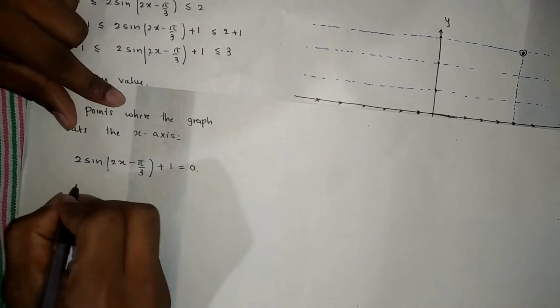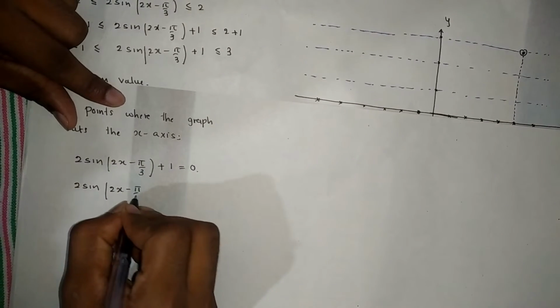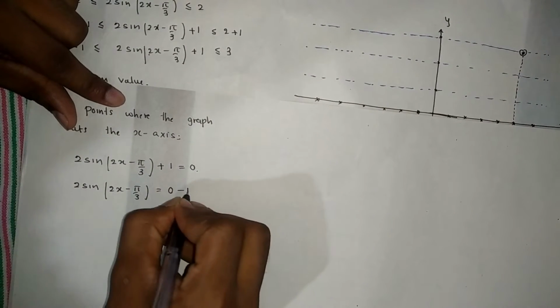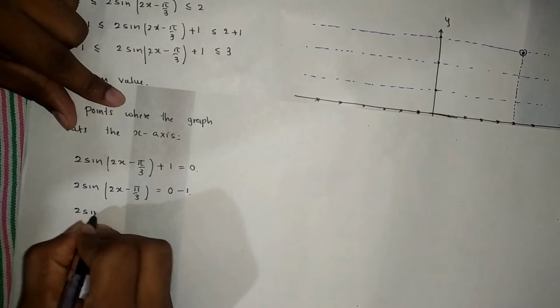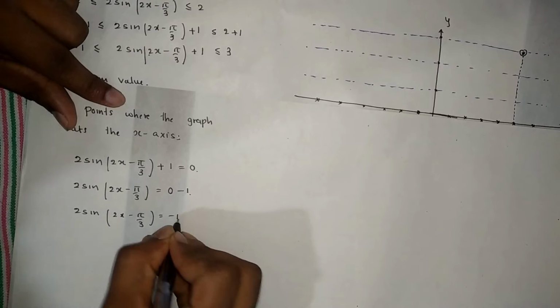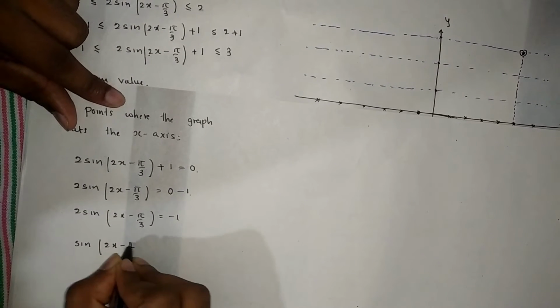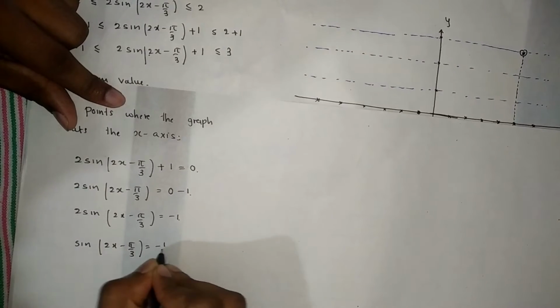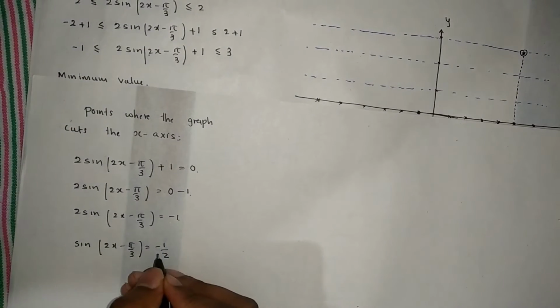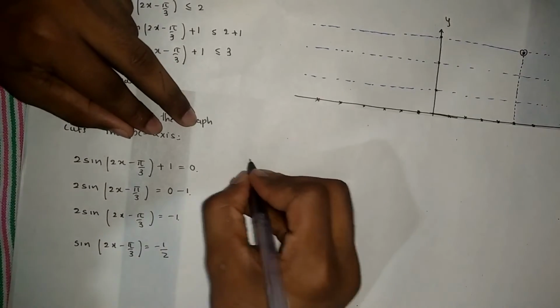If you take this 1 to the other side, you will have 2 sine of 2x minus pi by 3 is equal to 0 minus 1, so minus 1. Divide both sides by 2. You will have sine of 2x minus pi by 3 is equal to minus half. But you know that sine of minus pi by 6 is equal to minus half. So you can substitute it.